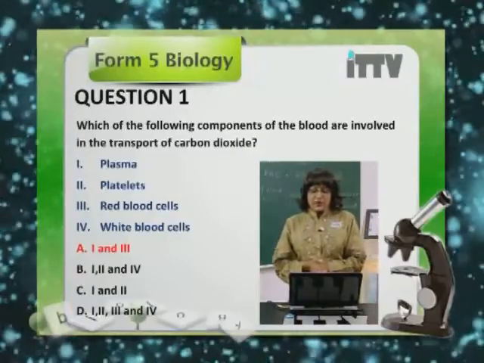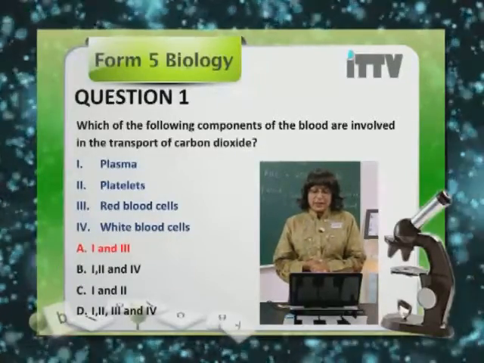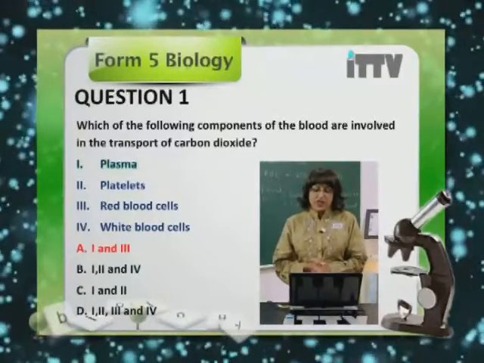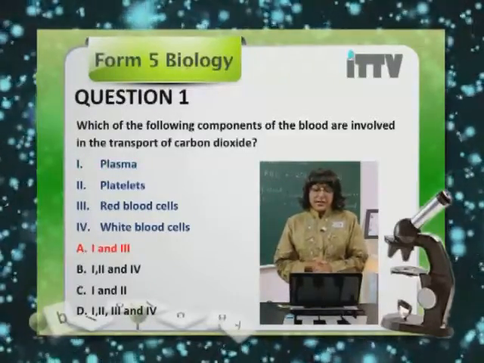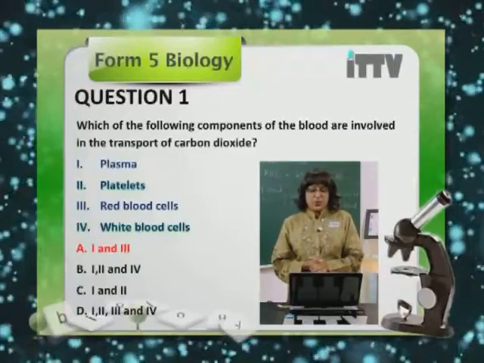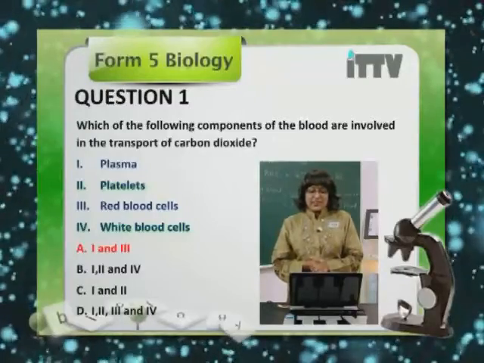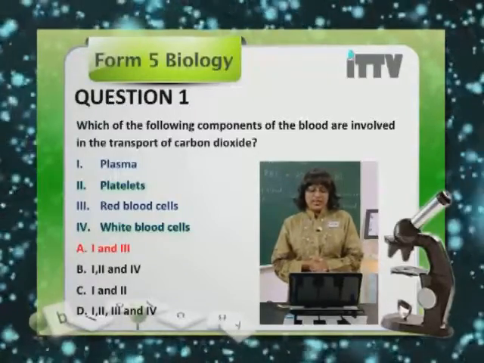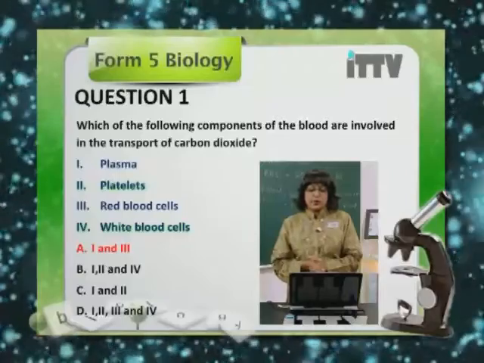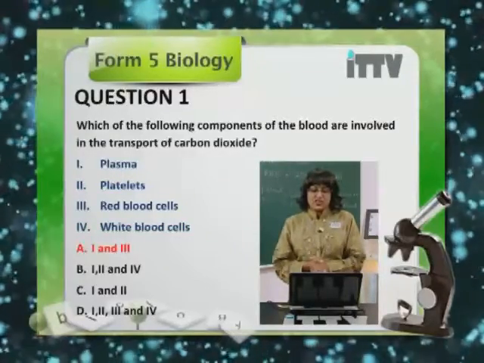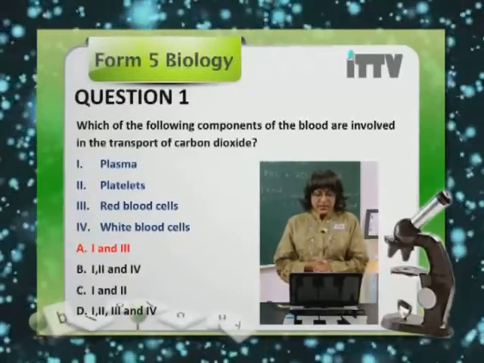The rest of the carbon dioxide is transported by the plasma in the form of bicarbonate ions or dissolved carbon dioxide. This eliminates options 2 and 4, which are platelets and white blood cells. Platelets play a role in blood clotting, while white blood cells play a role in the defense mechanism. Hence, both are excluded as options in the transportation of carbon dioxide.